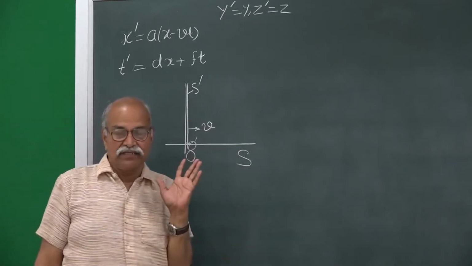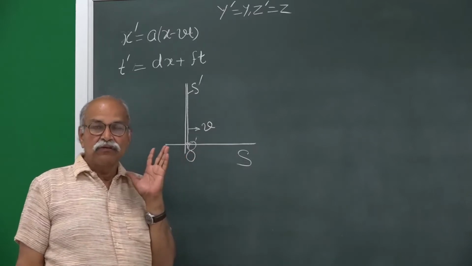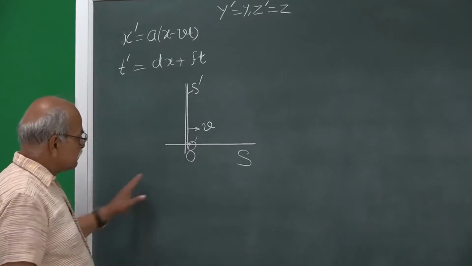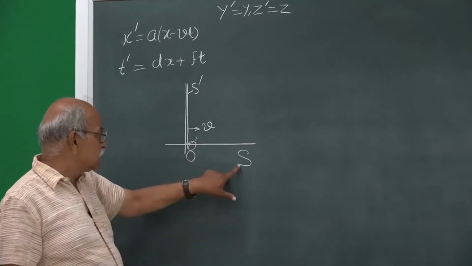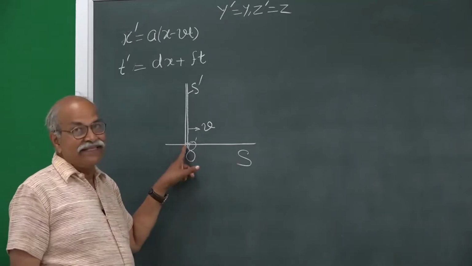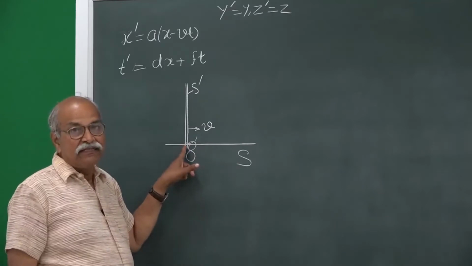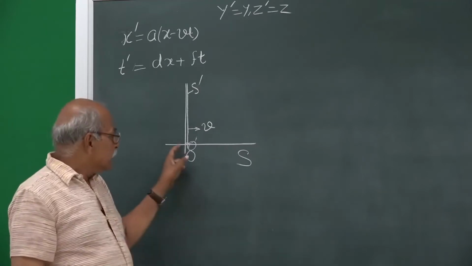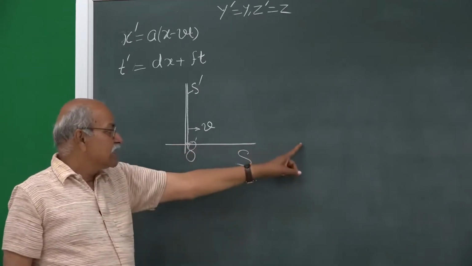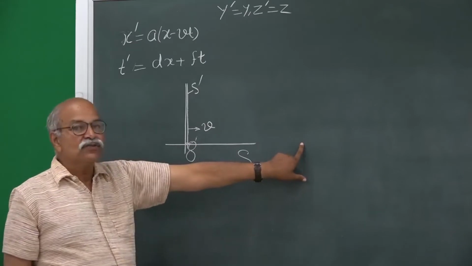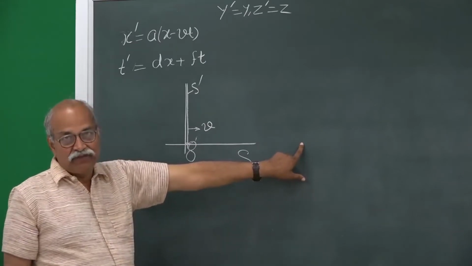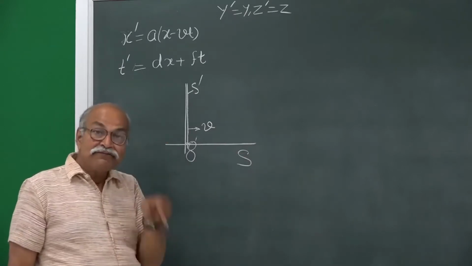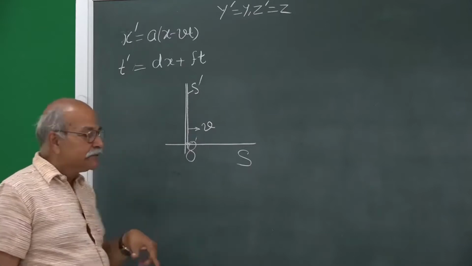In this context, we will be taking three events. The first event is that as seen from S, time t has elapsed and the leading edge of the pulse on the x axis has reached the point x is equal to c t, because electromagnetic radiation or light moves in all frames with a speed c.